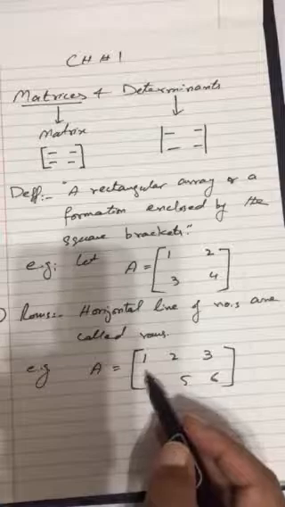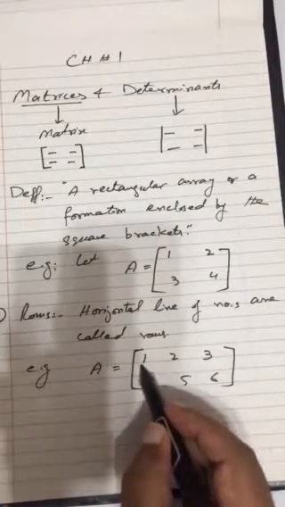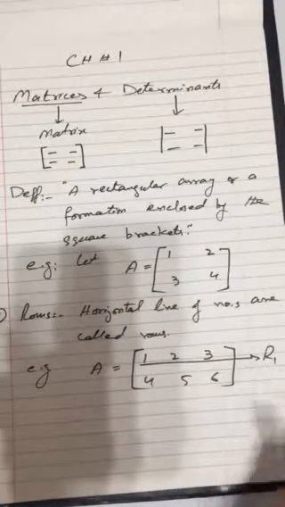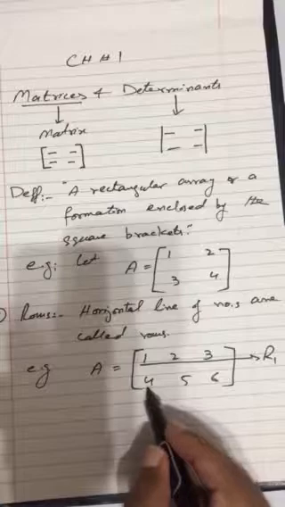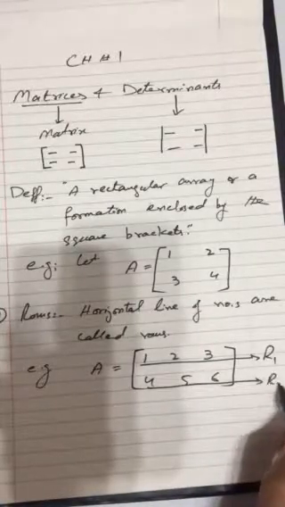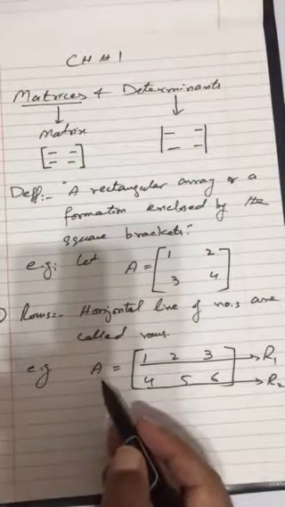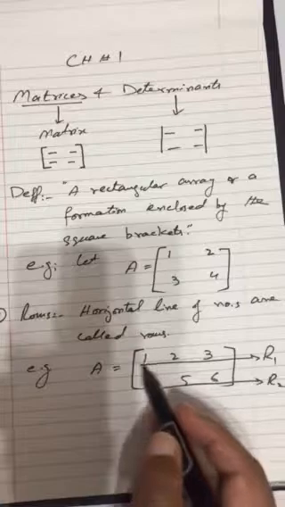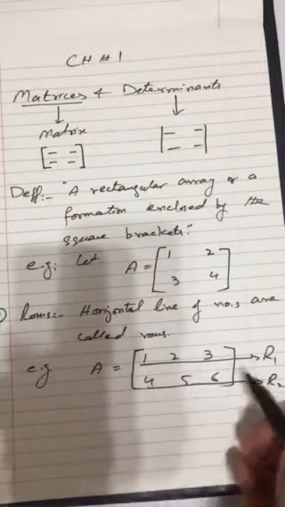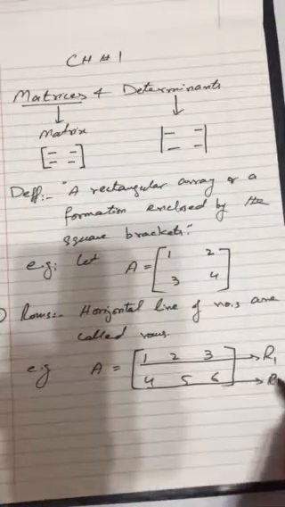So how many horizontal lines are here? These are 1, 2, 3. This is the first horizontal line, I call it row 1, and this 4, 5, 6 is the second horizontal line, I call it row 2. So in this matrix A, I have 2 horizontal lines, 2 rows, named row 1 and row 2.